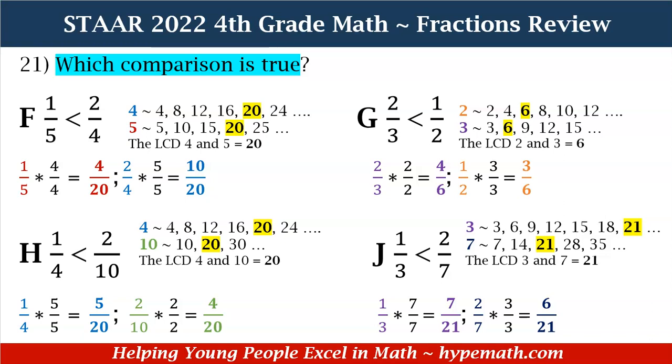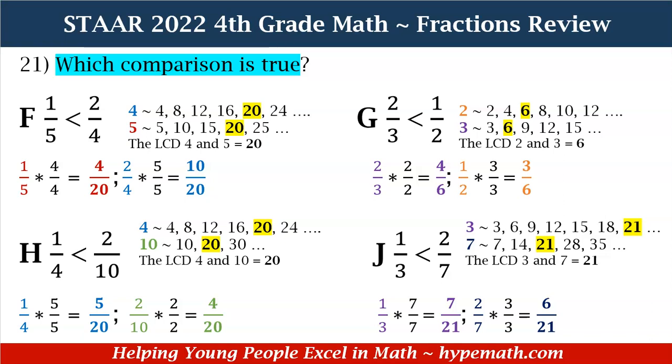Now let's look at our equivalent fractions, okay? 1/5, and again, because our LCD is 20, we need to multiply our numerator and denominator by 4. 1 times 4 is equal to 4 for our numerator, and 5 times 4 is equal to 20 for our denominator. So my equivalent fraction of 1/5 is equal to 4/20.